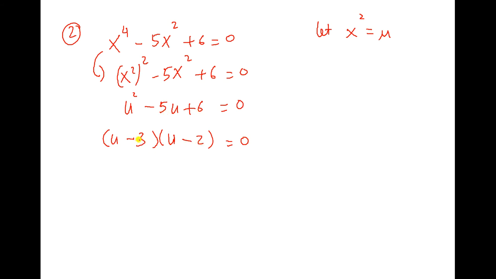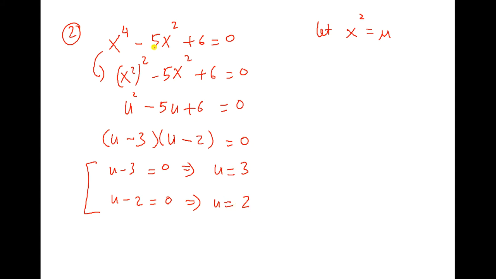Okay, so we are using the zero property here. Two things multiplied equal to 0, so that means each of them must be 0, right? So I can solve for u by adding 3 on both sides. I get u equals 3, and this one is u equals 2.